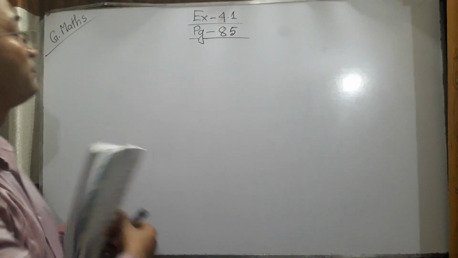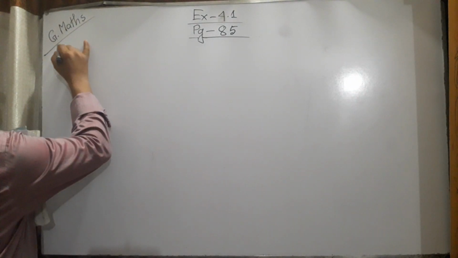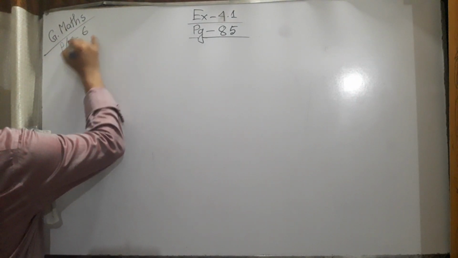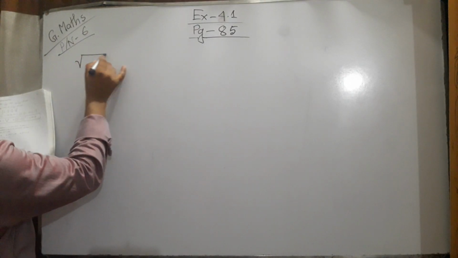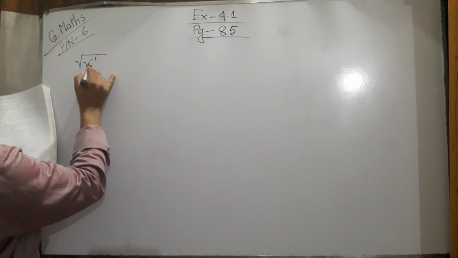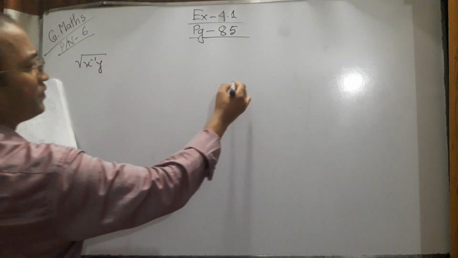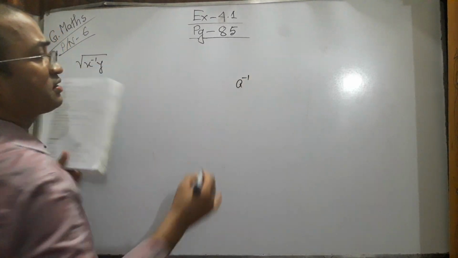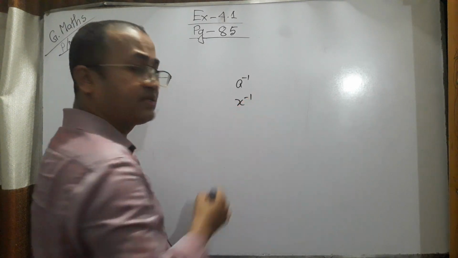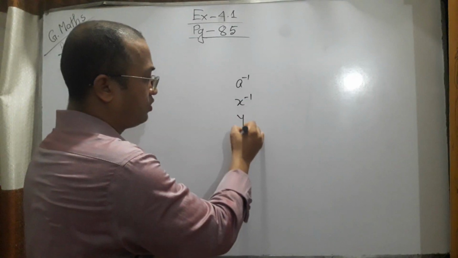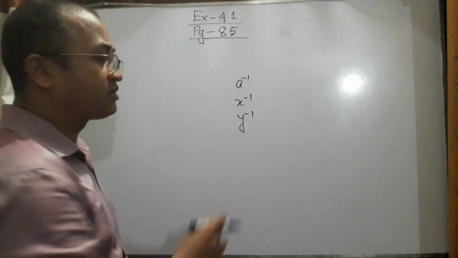Question number 6. It is given root over x inverse y. Look, a to the power minus 1 is read as a inverse, x inverse, y inverse, like this.